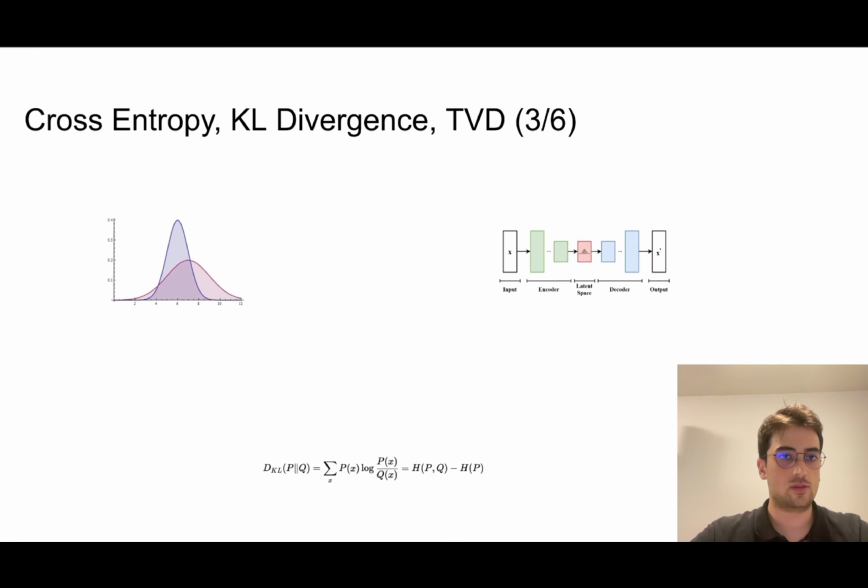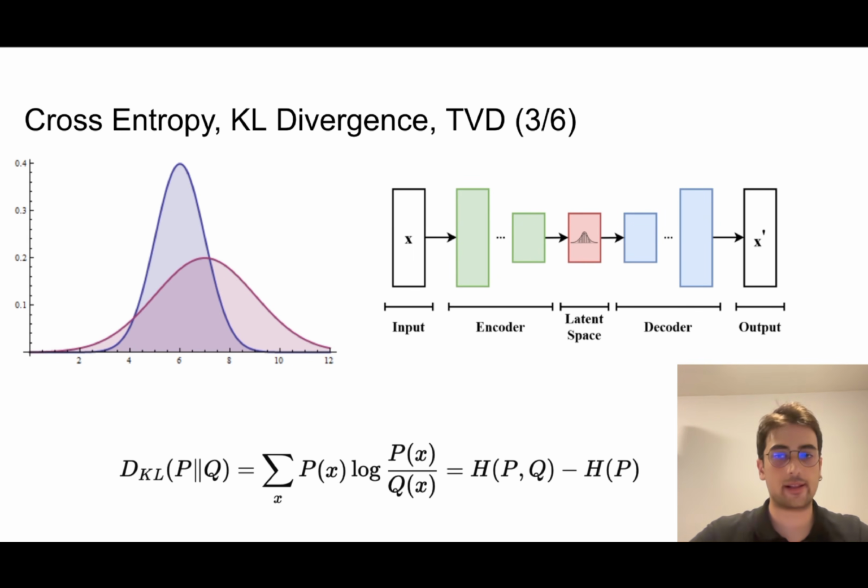Okay, there's also something called KL divergence, and as I told you, it's basically the same thing: cross entropy, KL divergence, or total variation distance. They all measure the difference of 2 different distributions. As you can see here, there's a ratio also. It looks like entropy, but slightly different.